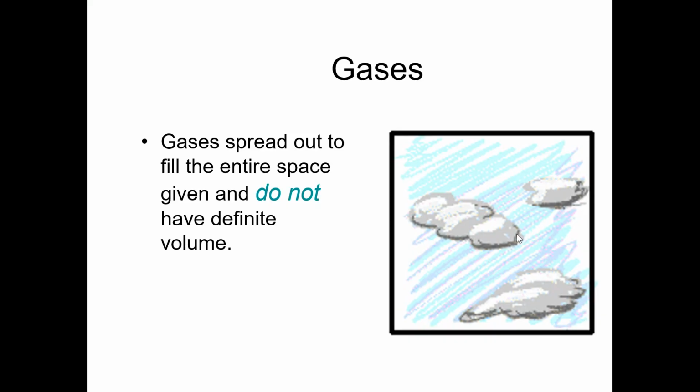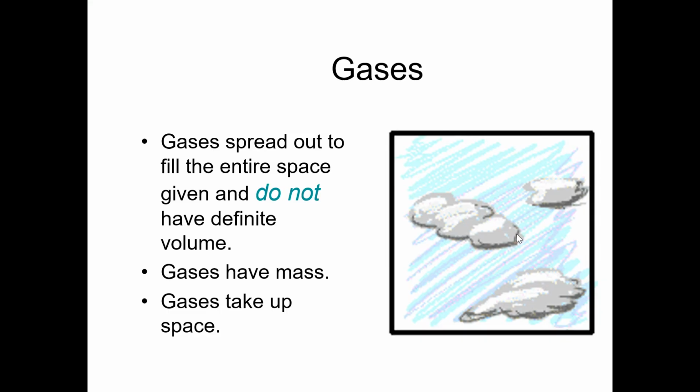That's what's different about gases. They take up the shape of whatever container they're in, in its entirety, and they can be compressed or expanded because of their properties. They have mass, they take up space, therefore they are yet another state of matter. Matter is anything that takes up space and has mass.